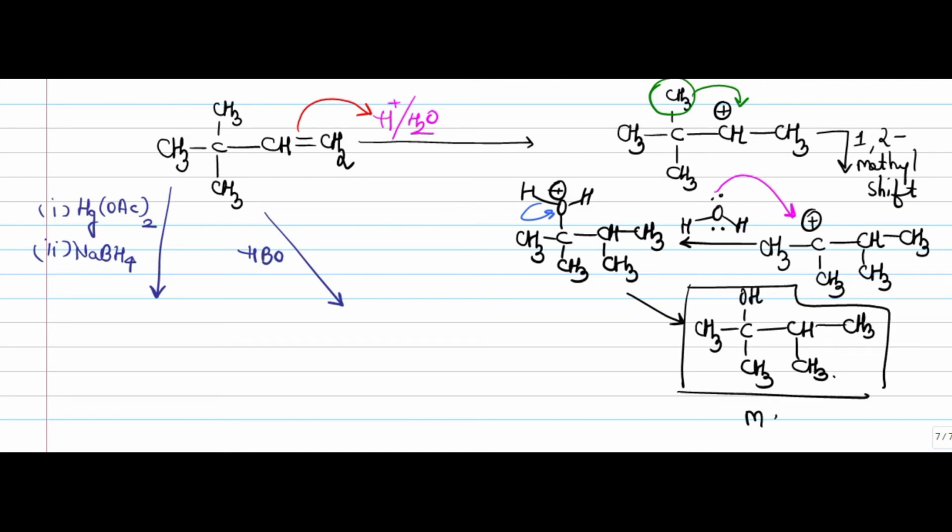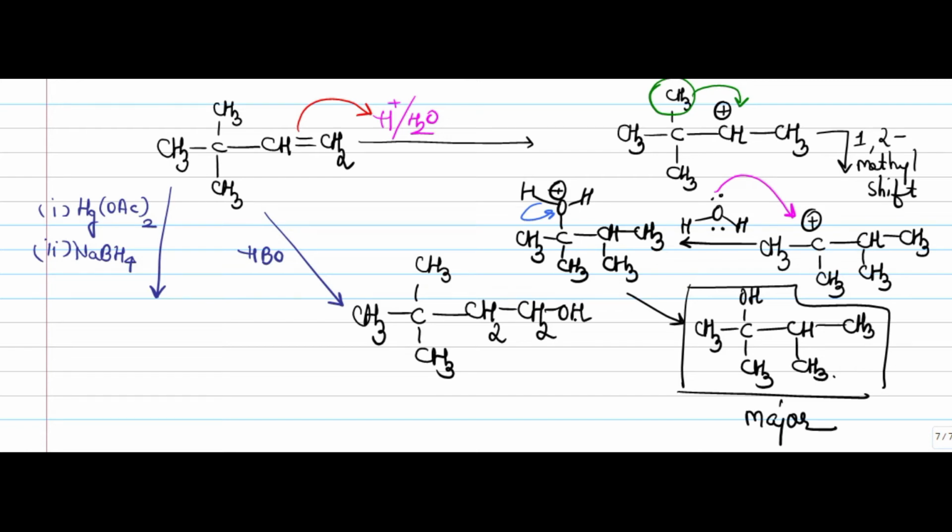This is our major product. Let us try doing the same with HBO. Here there will be no rearrangement, so it is just plain and simple anti-Markovnikov addition of water. You just have to remember that whenever you have HBO, it is anti-Markovnikov addition of water. So you have CH2, CH2 and OH.